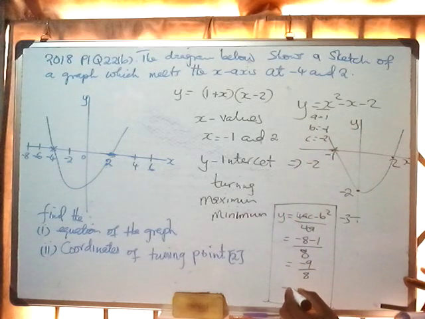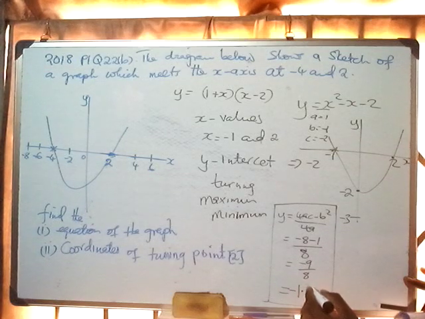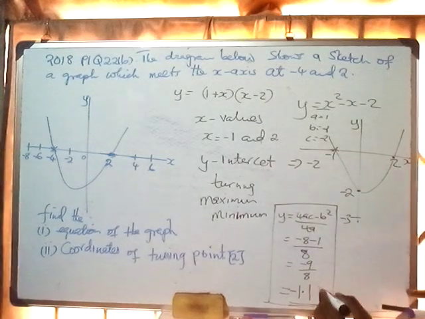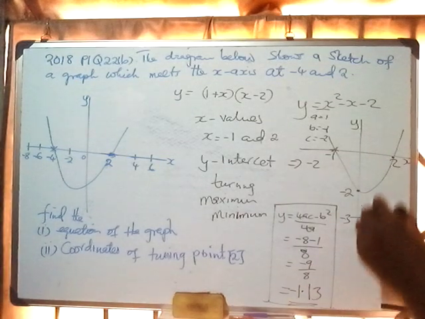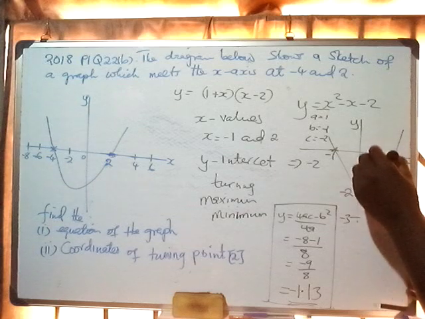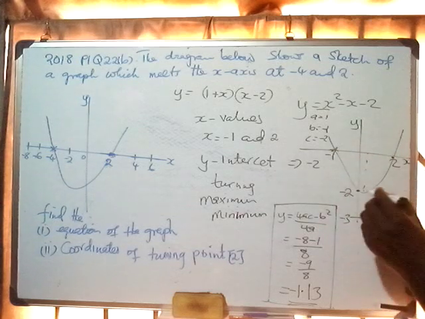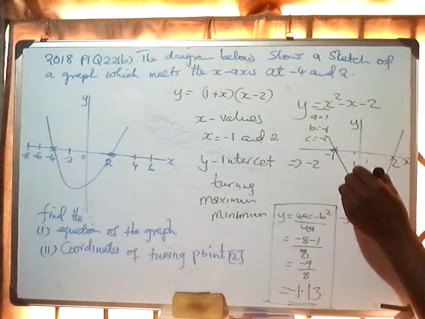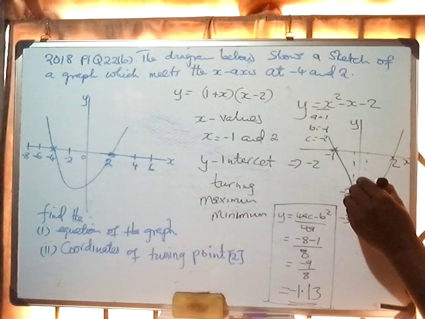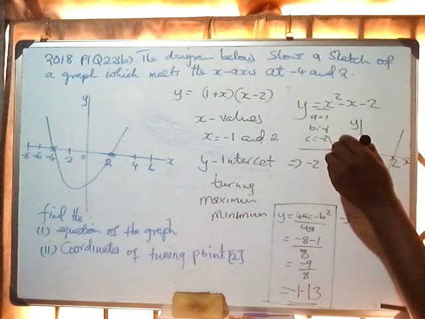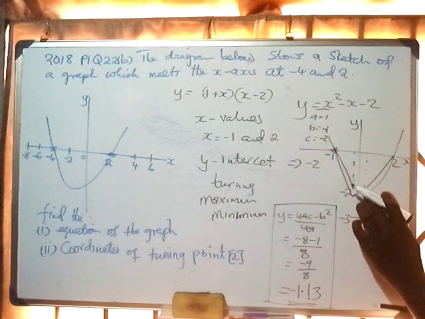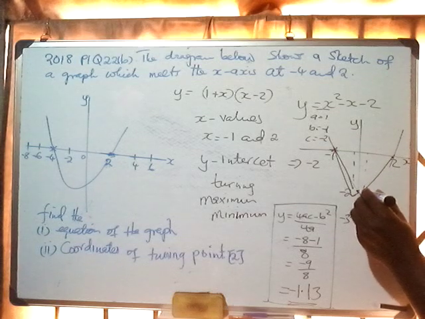So by the end of the day, we find that our minimum value will be -1.1 something. So the turning point is somewhere here. It may move like this.